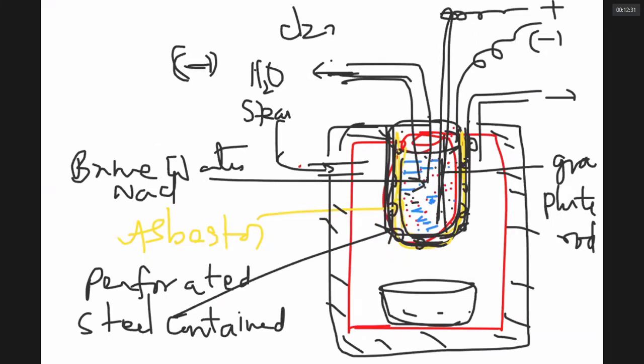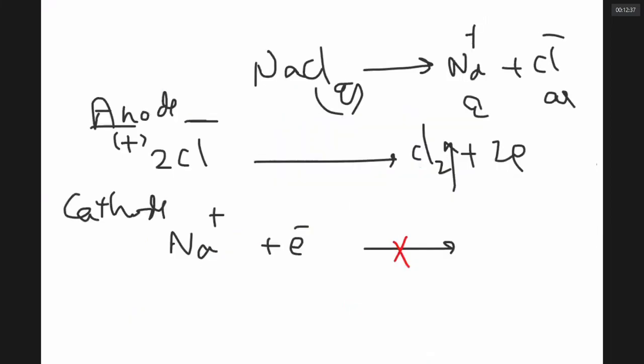Because from the side you are focusing steam. When there is water, there is a competition between water and Na plus ions to take electrons. In the competition, sodium being a first group metal has no capability to take electrons. Sodium has a negative electrode potential.